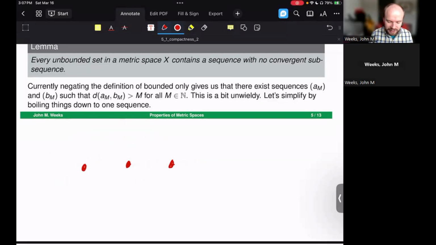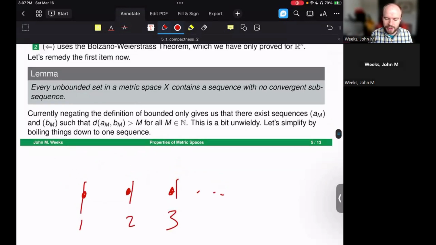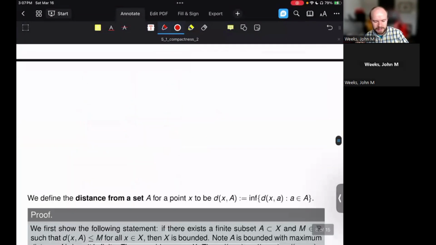This is very nice in the natural numbers because you can just go 1, 2, 3, and so on and so forth. But with an arbitrary metric space, it ends up being a little bit trickier. And that becomes a little bit of the weird essence of this part of this lemma.